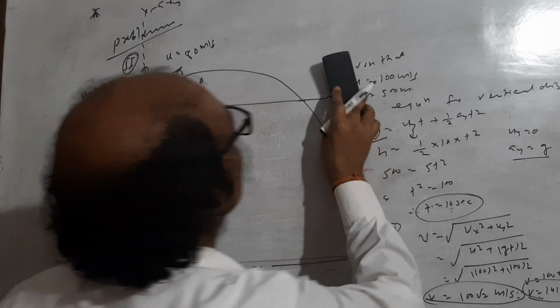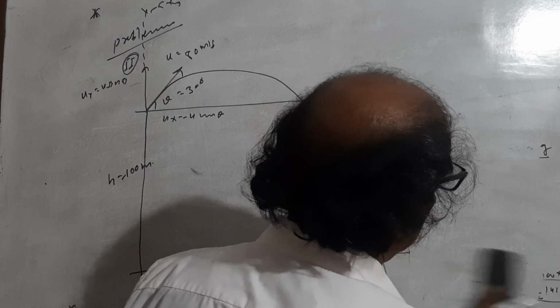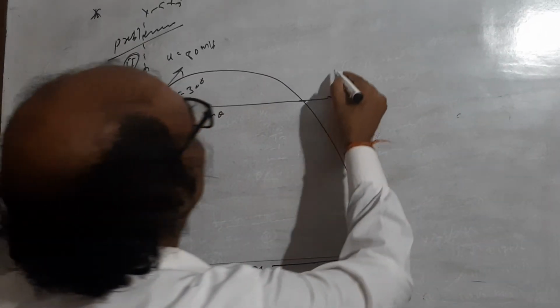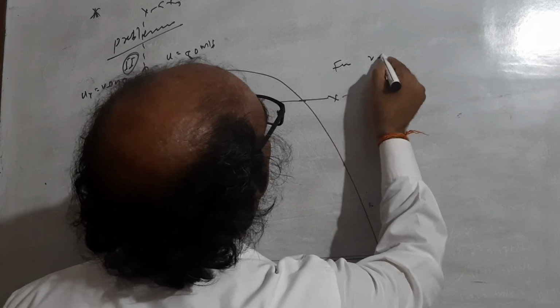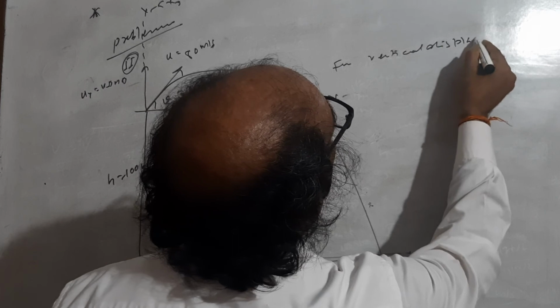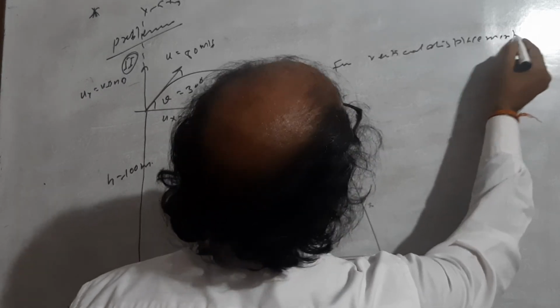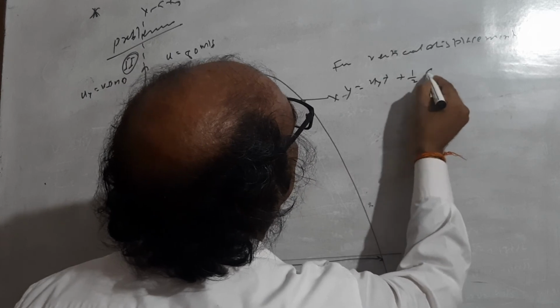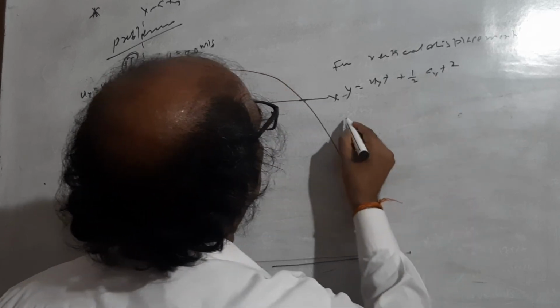So in this question, first of all, for vertical displacement, y is equal to uyt plus half ayt square.